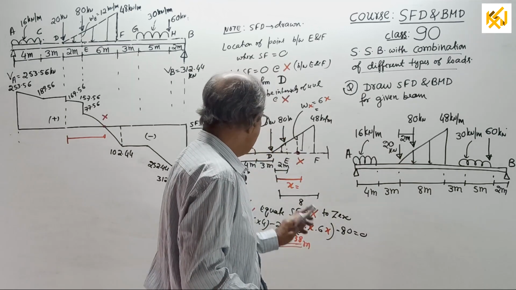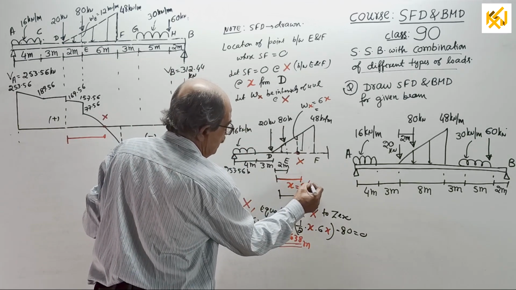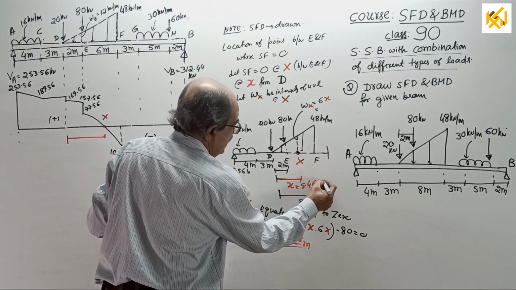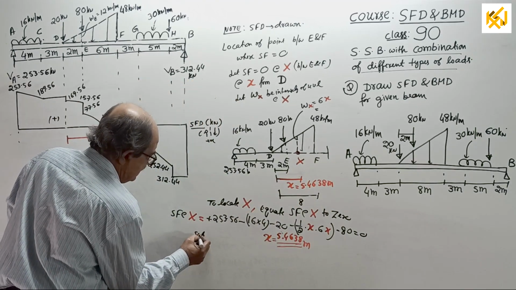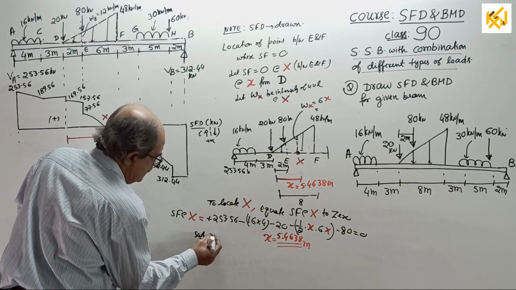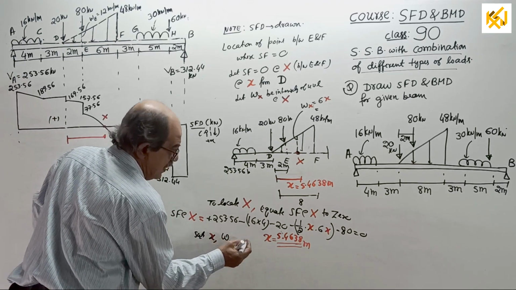Okay, now, go back and enter here, how much I got? 5.4638 meter. Now, immediately, substituting the x value, you get the intensity at x, which you require for BM calculation.